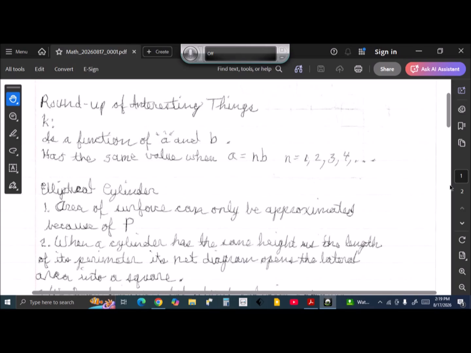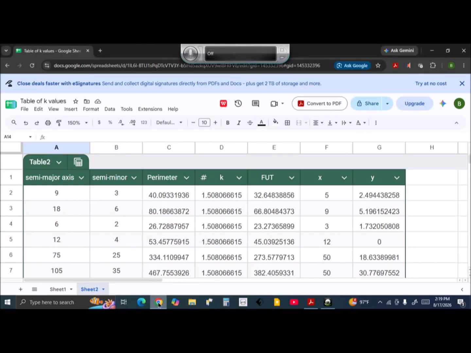So when K has been developed from A equals n times B, where n is any integer, you find that K will have the same value for any pair of semi-major axes and semi-minor axes ratio that has the same value.